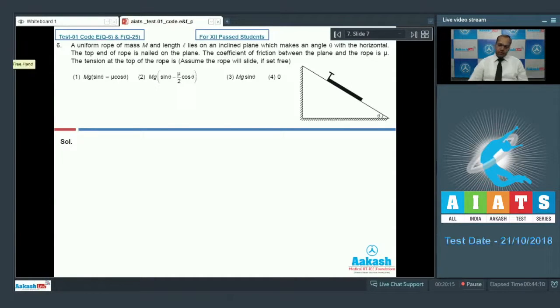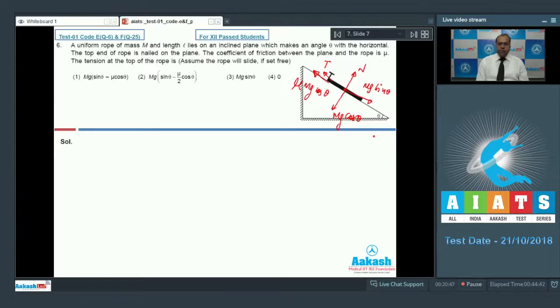So if I draw the free body diagram, then mg sin theta will act in this direction, mg cos theta will act in this direction, maximum value of static friction will act in this direction, that is mu into N, and the value of normal reaction is equal to mg cos theta.